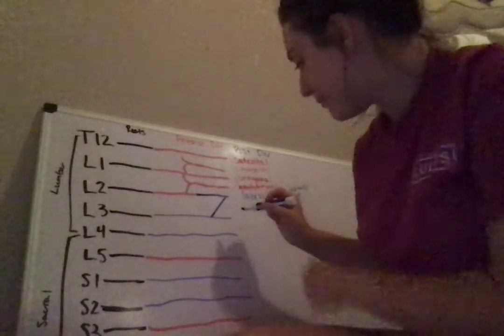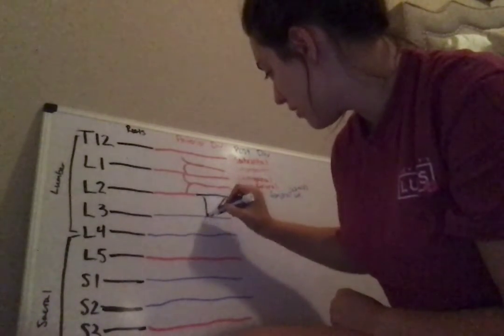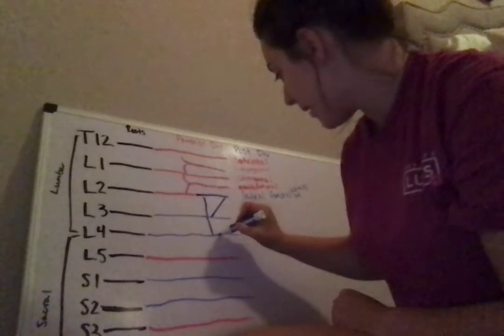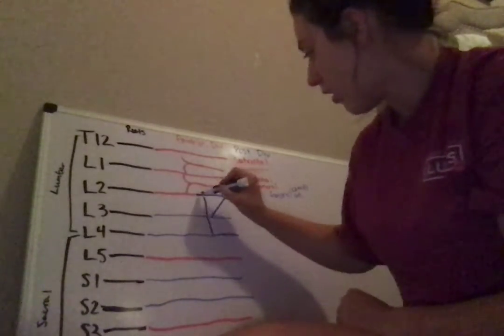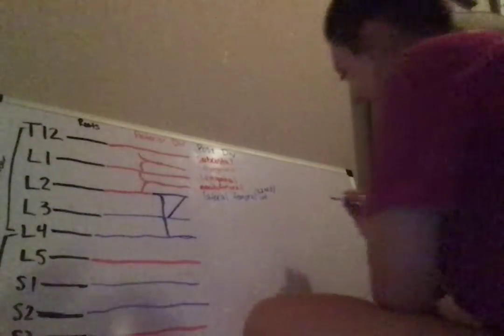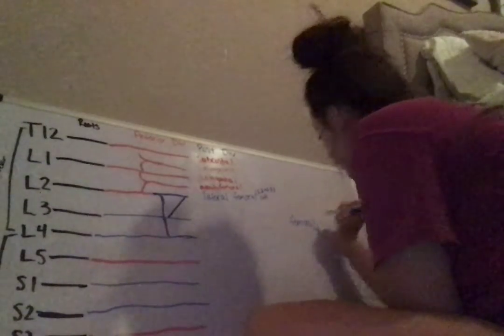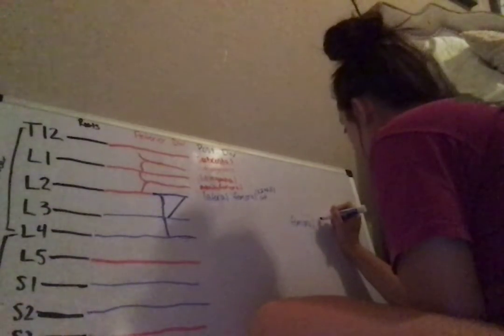So we've got L2, L3, and L4 all coming together to make the femoral nerve. And I'm going to write all the key ingredients over on this side. So the femoral nerve, like I said, is L2 through L4.